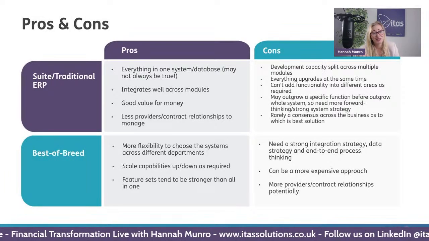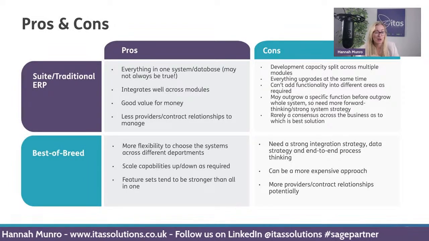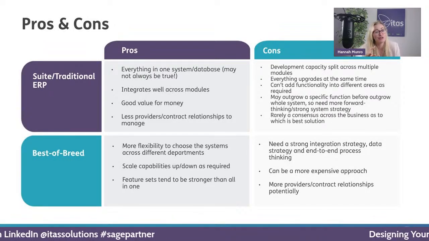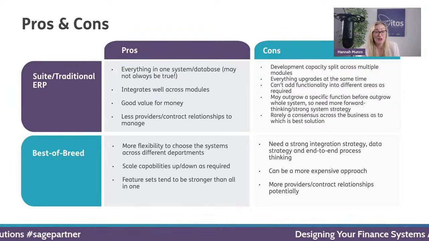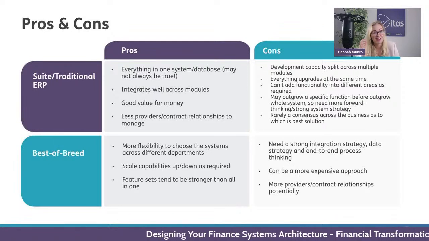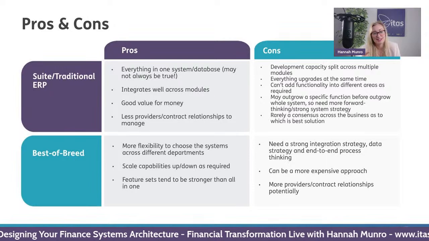Rather than using the inbuilt CRM within your finance system or your ERP, you would use something like Salesforce or HubSpot. So that's one example of moving away from that traditional ERP, because HubSpot doesn't have a finance system. It is purely CRM and marketing, so sales and marketing.